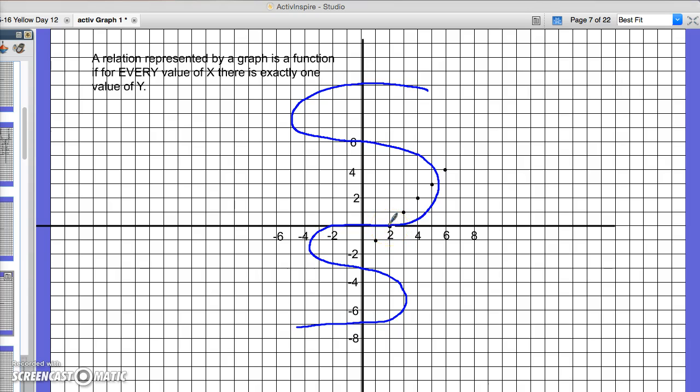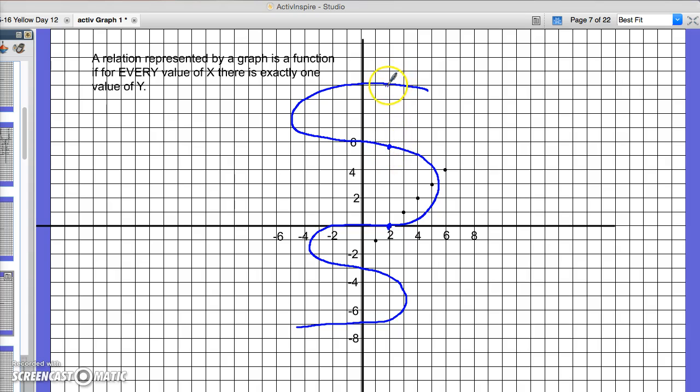Well, when x equals 2, one of the values is y equals 0, and that's on my relation. But this is also a point on my relation, and you'll notice that up here, y is about 5.4 or something. So for the value x equals 2, so far I have 2 values of y. So already it's not a function, because if I were to list the domain for x being 2, I would have 2 values of y.